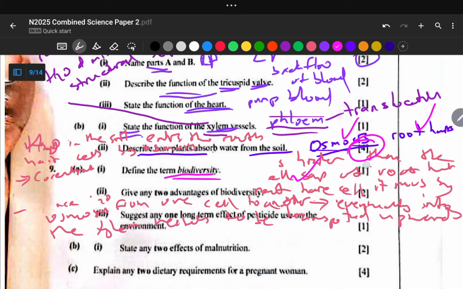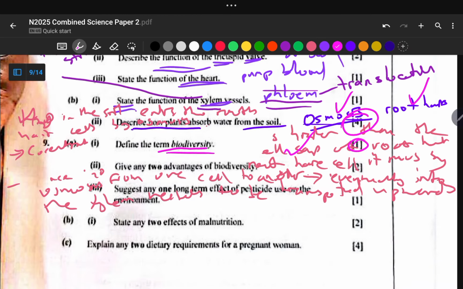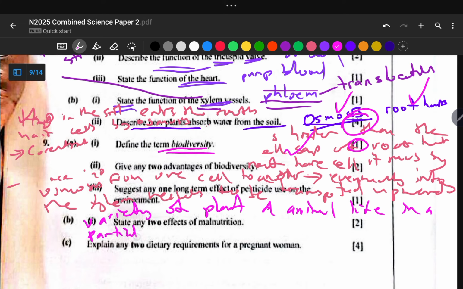Define the term biodiversity for 1 mark. So biodiversity is defined as the variety of plant and animal life in a particular habitat or ecosystem, right?